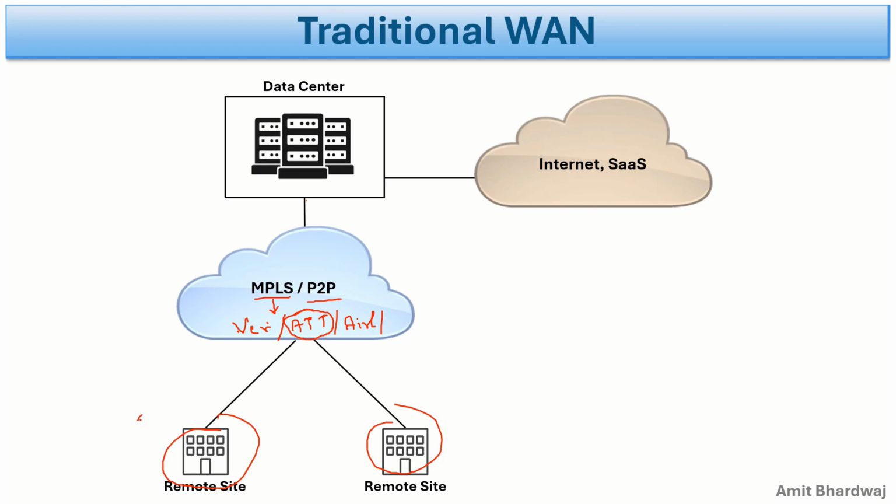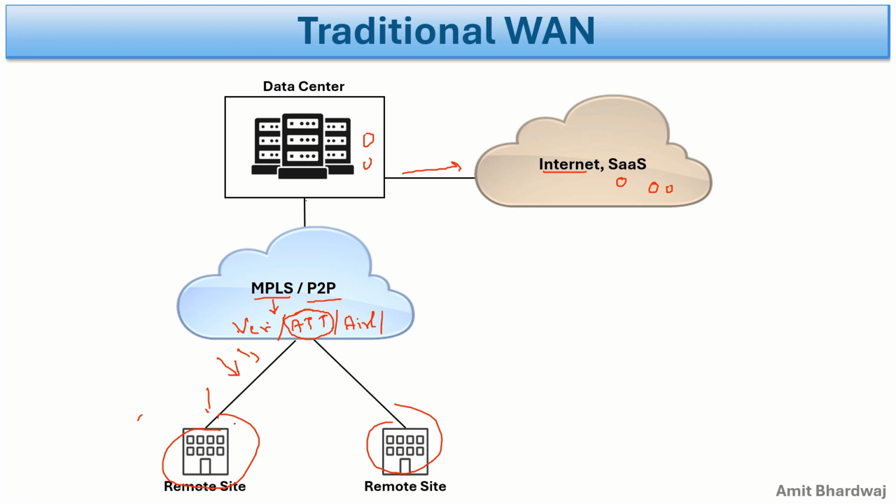In that case, since the MPLS was a quite secured connectivity, unlike the internet, there was no opportunity for hackers to attack and compromise the system. This MPLS would provide a passage for connectivity to the data center applications which were here, and also for accessing the internet or the SaaS applications which were in the cloud.